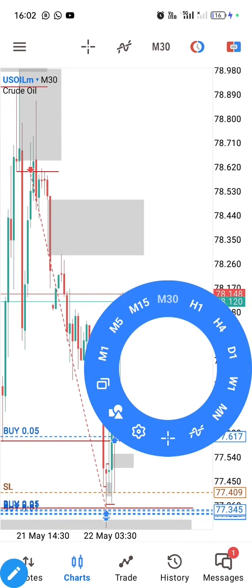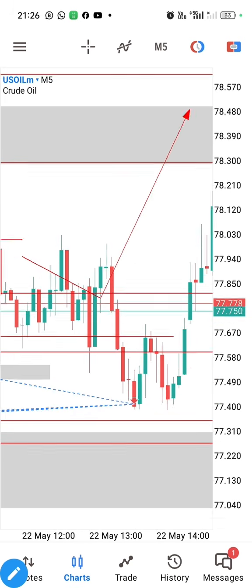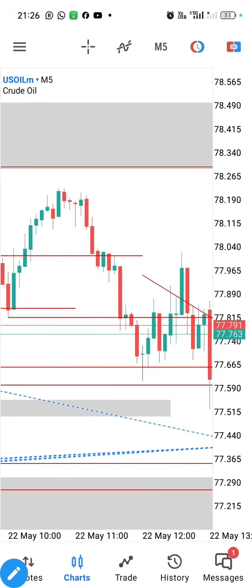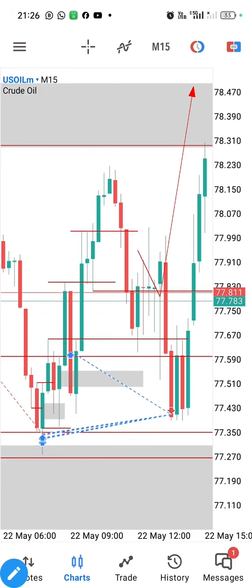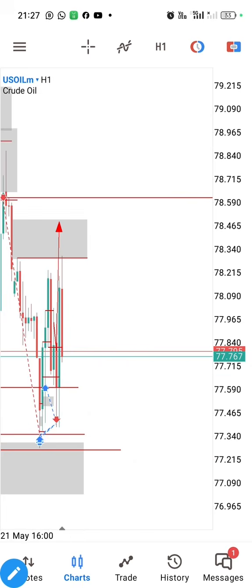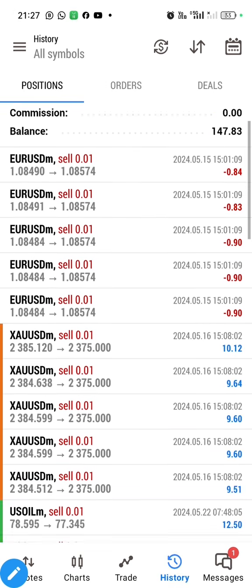Price just decided to return back down, and then it hit my stop loss, and you can tell that's where my stop loss was, and we were back down to 170 something. But like usual, I managed to recover the loss.